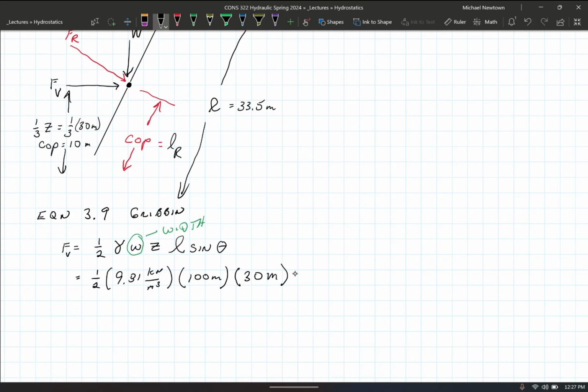Now we have an L that's 33.5 meters times the sine of 63.4 degrees. And keeping the units the same, which you're going to love, 440,775 kilonewtons.